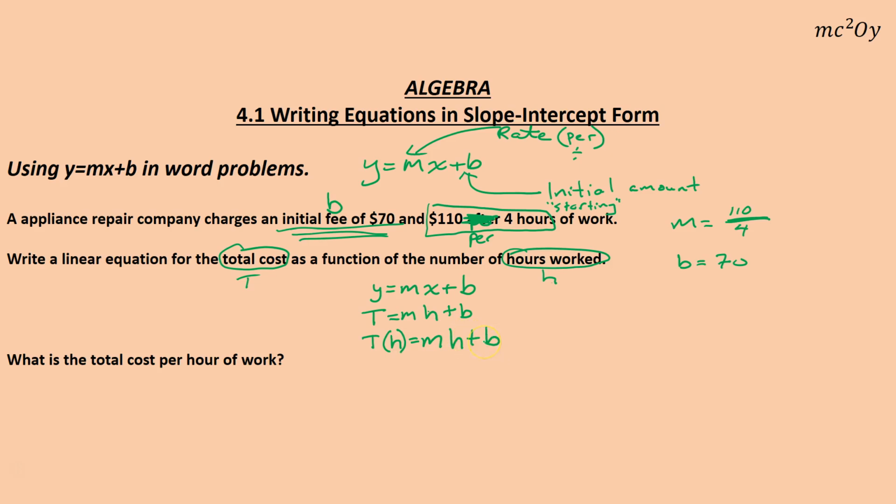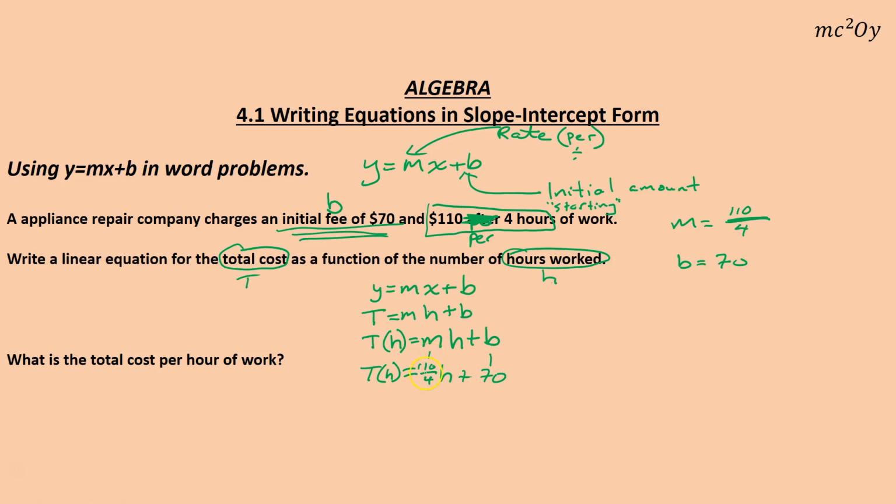So that's all I did first, because it said write a linear equation and it has a function here, so I thought I'd put function form. In this case, M is 110 over 4, so T of H is equal to 110 divided by 4 H plus 70, our b term.